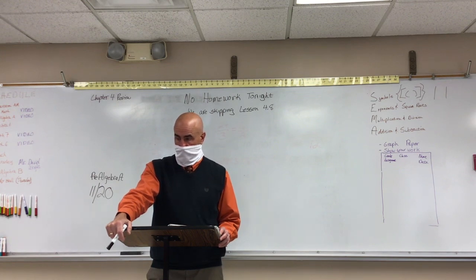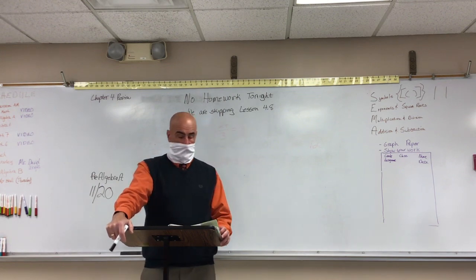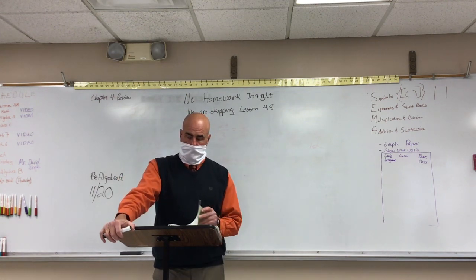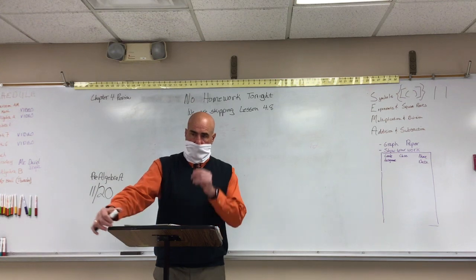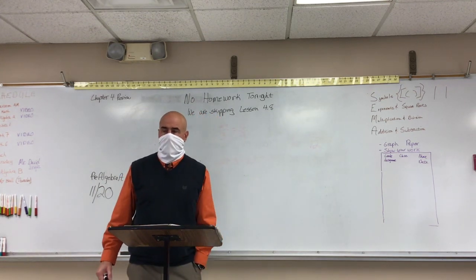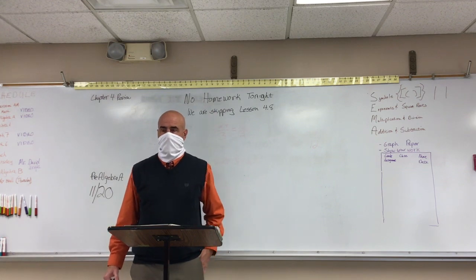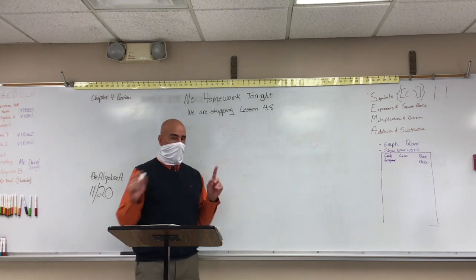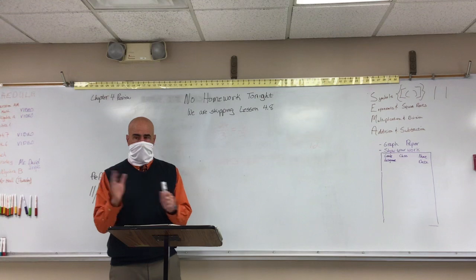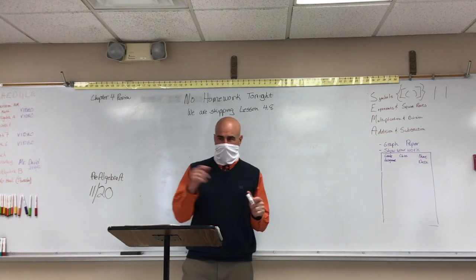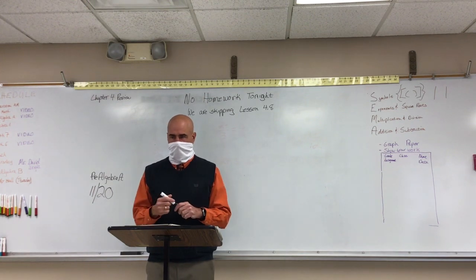Jacob, remember we learned about prime and composite numbers. Any natural number greater than one that has a positive factor other than one and itself is called a composite number. That's right. So a prime number only has one and itself, and a composite number is everything that has more than one and itself as factors.